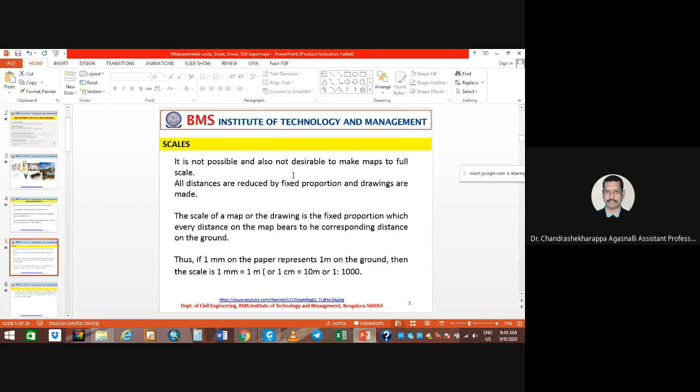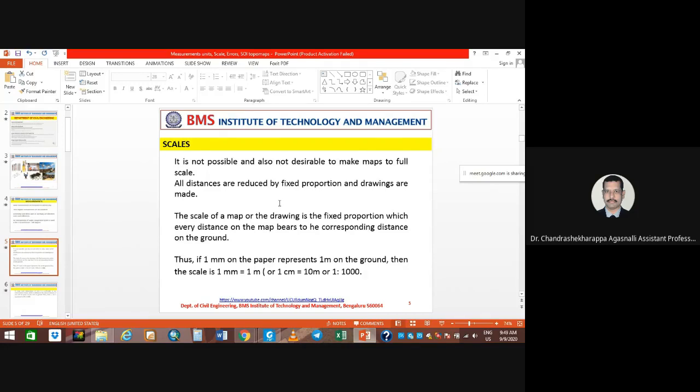All distances are reduced by fixed proportions and drawings are made. That's what I told you, that you can reduce the proportions, reduce the scales. 1 centimeter is equal to 50 meters or 100 meters or maybe 500 meters. It depends on your area and on your paper. That's how things are.